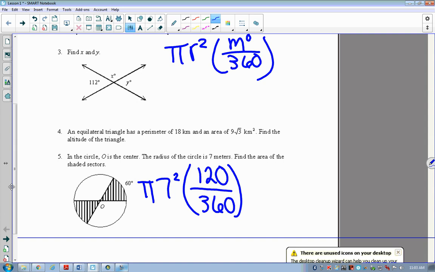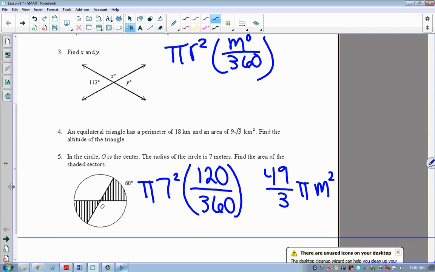So that would leave me with 49 over 3, correct? 49 over 3 pi meters squared. Is that what you got? Anybody not get that? Anybody not understand?